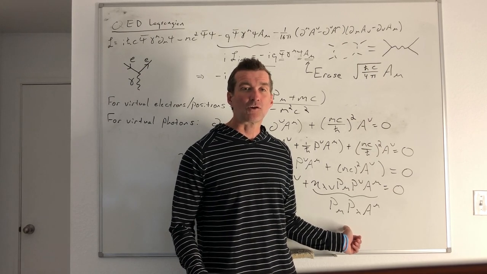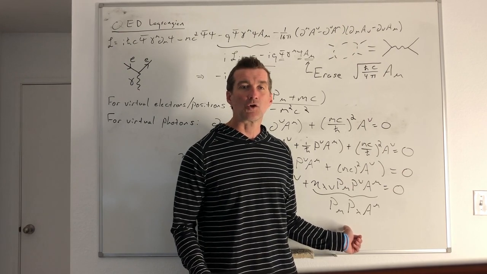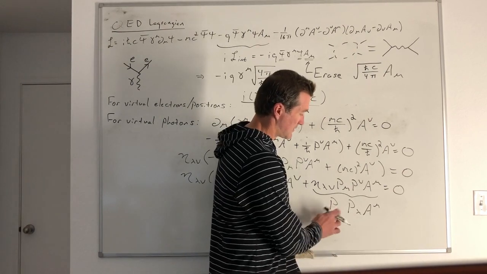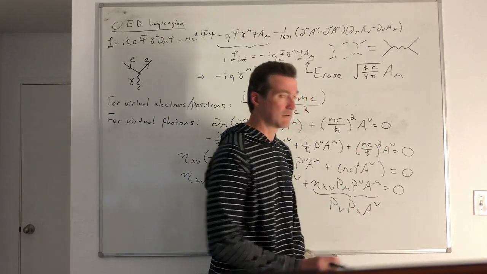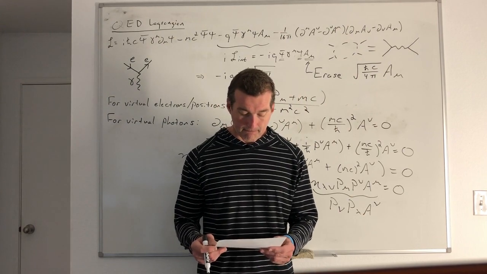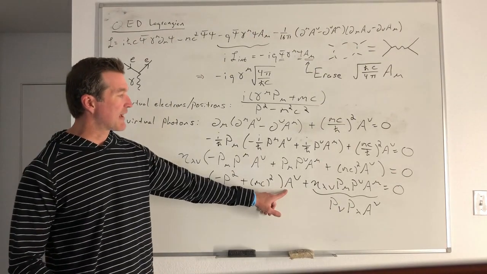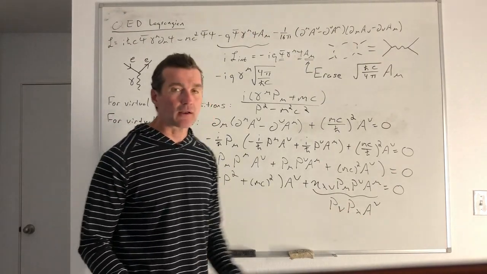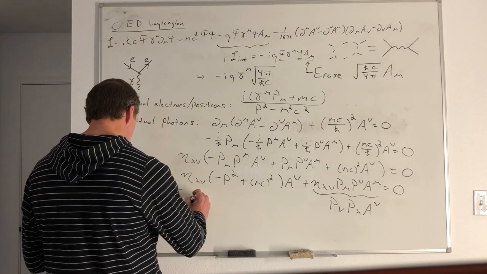So I can call mu whatever I want. So why don't I call it nu? All right? Well, now we're back to where we want to be because we have an overall A nu, we have an overall A nu. So what ends up going into the brackets is the following.